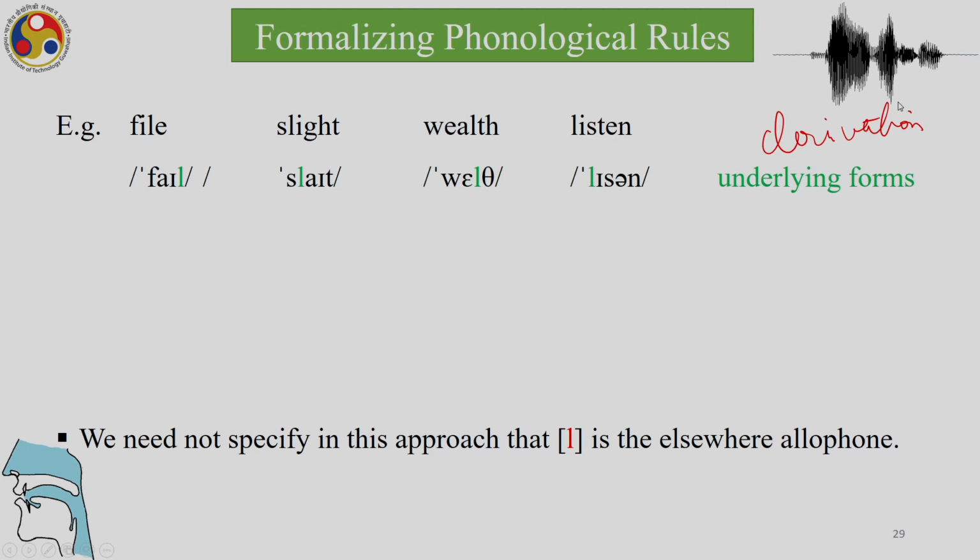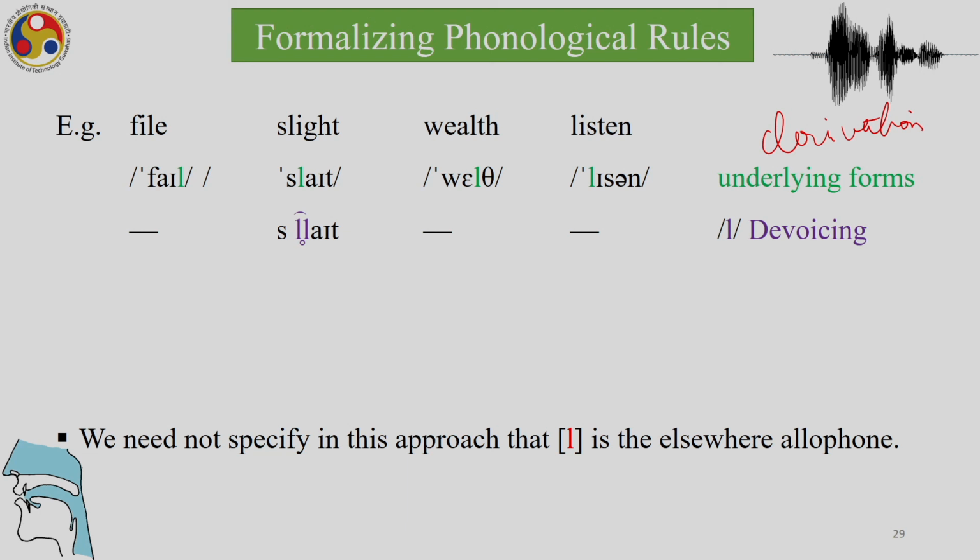Now, these are the words that we had seen before: fail, slight, wealth and listen. Okay, so fail, slight, wealth and listen are the underlying forms. The derivation will show when the rules will apply.